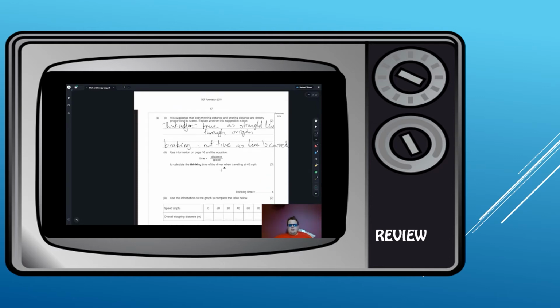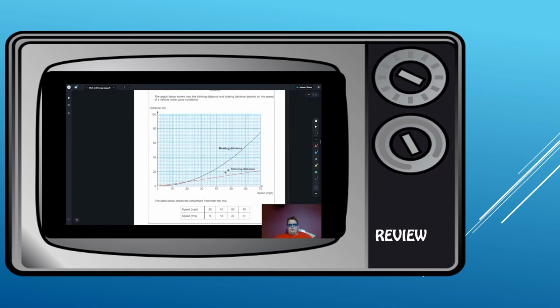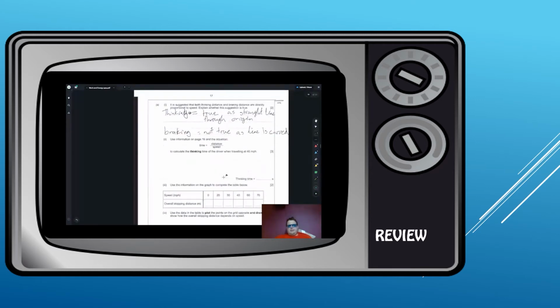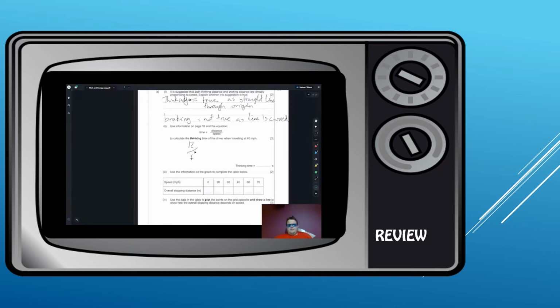Okay, use the information to calculate thinking time of a driver driving at 40 miles an hour. So we look at this and we get that 40 miles per hour we come across is there. So that gives us a reading of 12 meters. So we have 12 divided by, now we don't use 40, instead we use 18. So 12 divided by 18, which is 0.67.